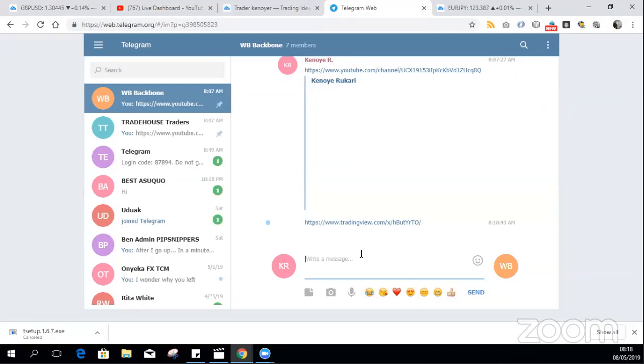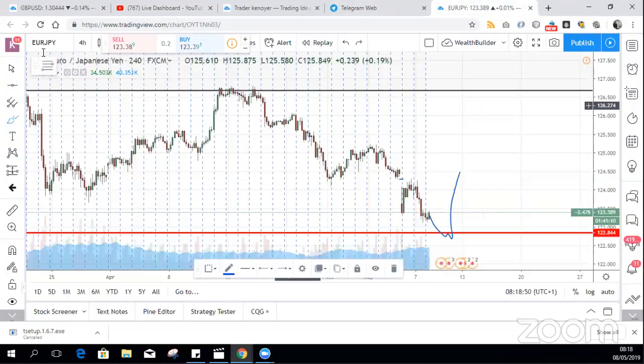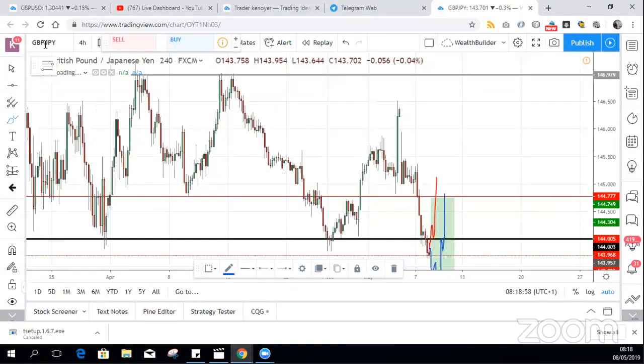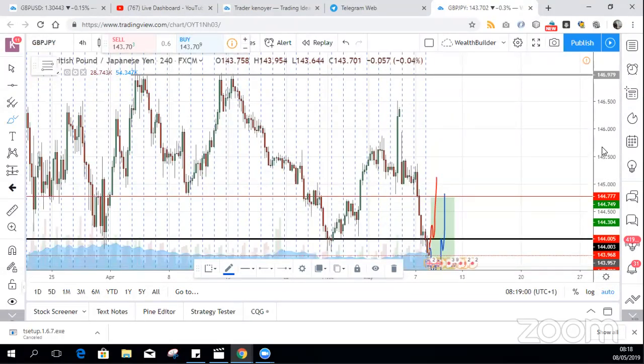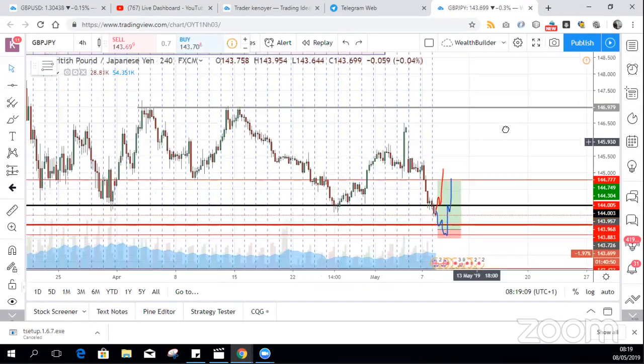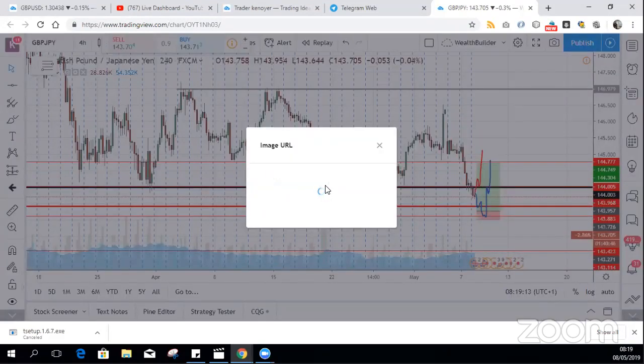Snapshot 1 for EUR-JPY, snapshot 2 for GBP-JPY. Nice like that, right? Then I'm going to give the snapshots for my preferred trades, and then we'll end this so it's not a very long live stream.